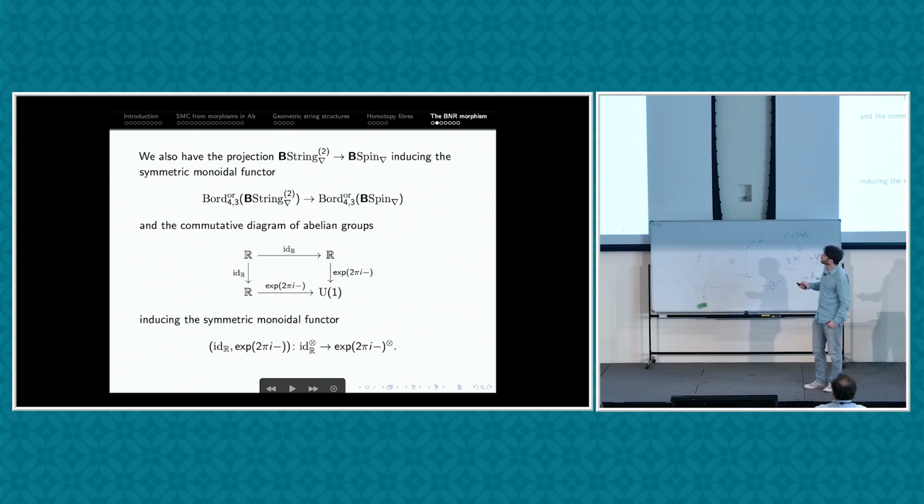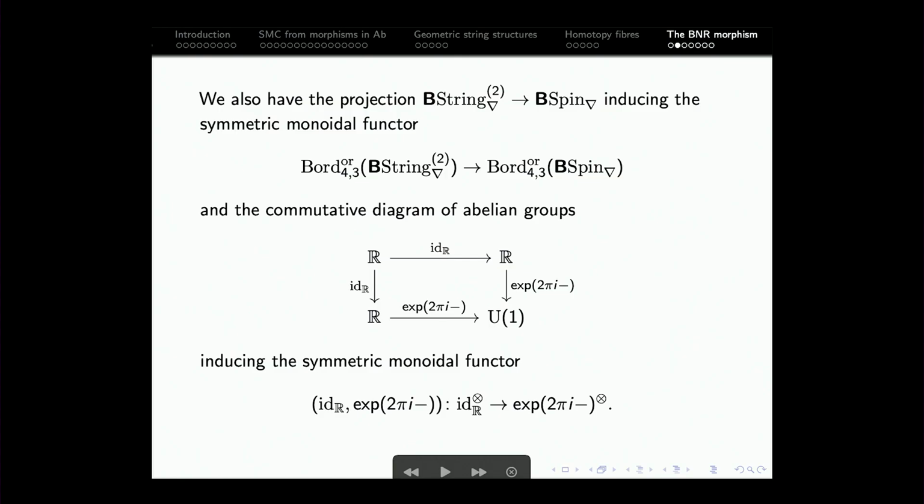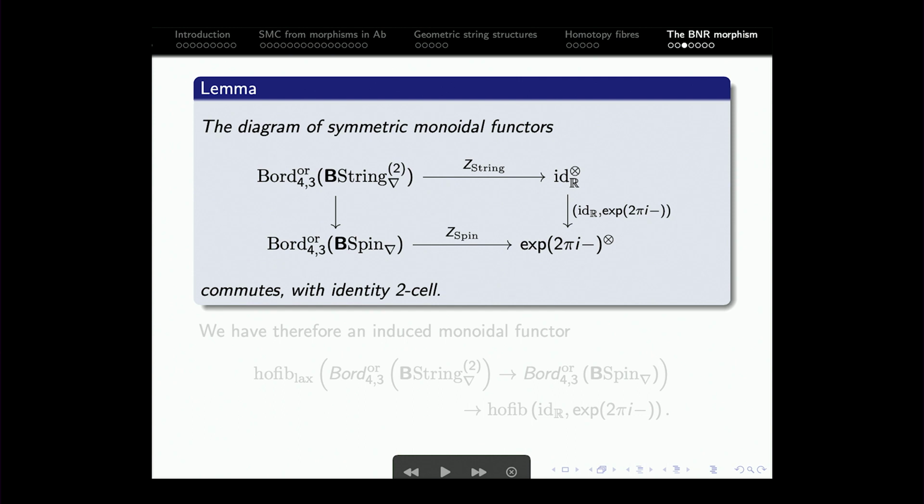We have this commutative diagram of groups. This is the most trivial one: identity here, exponential, exponential. This will induce a symmetric monoidal functor from the identity here to the exponential. And this also clearly will split, because here I just put the identity, and this will be the splitting of this diagram. So I have Z string, Z spin, and the forgetful morphism that forgets the string part, going just to the spin.